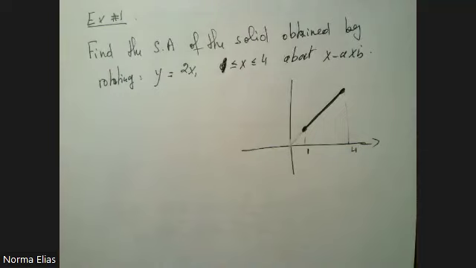A cone? Not quite. What kind of cone? Keep thinking. A 3D cone? Yes, it is a 3D cone, but not a full cone. It's between 1 and 4, all of you.